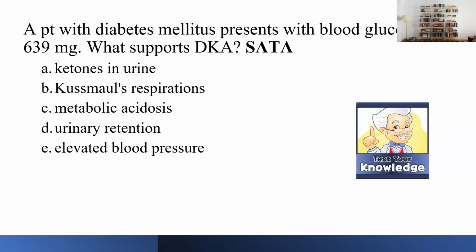Well, letter A, there should be ketones, right? Because we know that there should be ketonemia and ketonuria. And of course, metabolic acidosis and Kussmaul's respiration. So A, B, and C are distinct findings in patients with DKA.